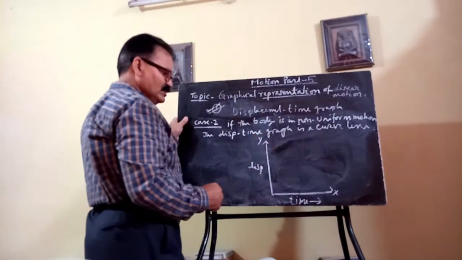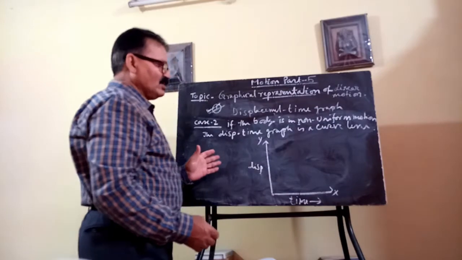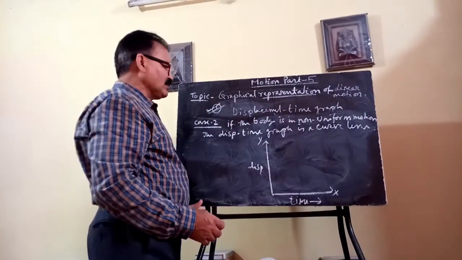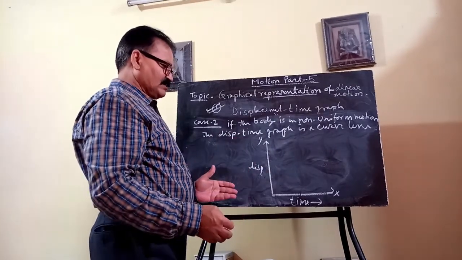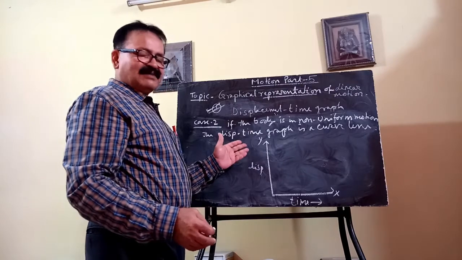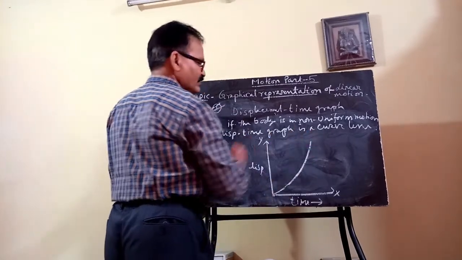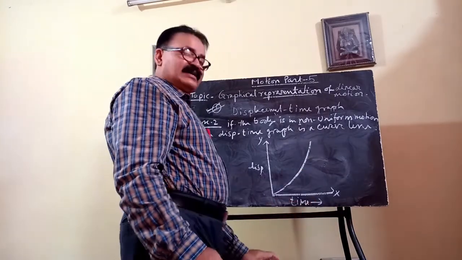Okay, so now the body which is not covering equal distance in equal intervals of time, but covers unequal distance in equal intervals of time, then the nature of the displacement time graph will be a curved line.